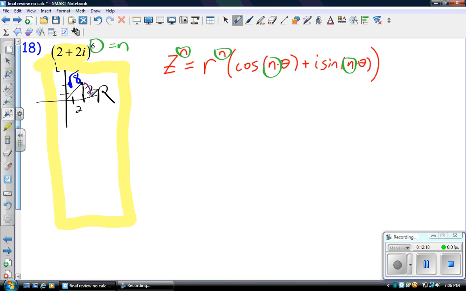In radians, since I know that's a 45-45-90, this is pi over 4. So this number in polar form is root 8 times cosine plus i sine. The angle we decided was pi over 4.